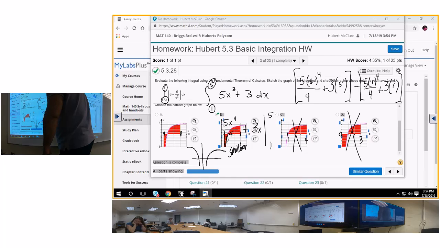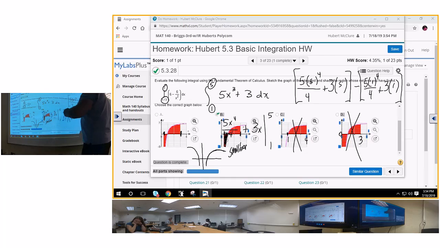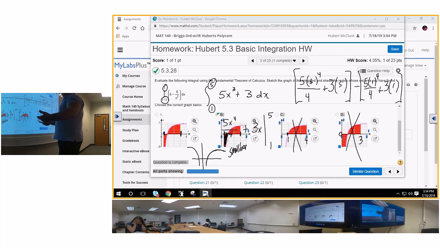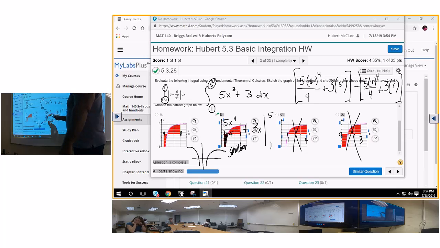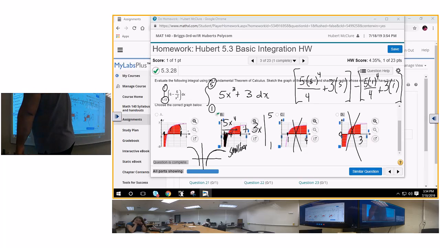Does everybody understand that? So if it's going to cancel out, because on the previous problem, what did the area come out to be? 0. So that means that the negative area cancels out the positive area. So these two have to be equal. Since this is a small area, I picked the smaller of the two to cancel it out.